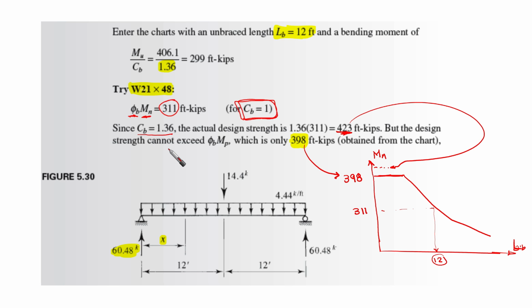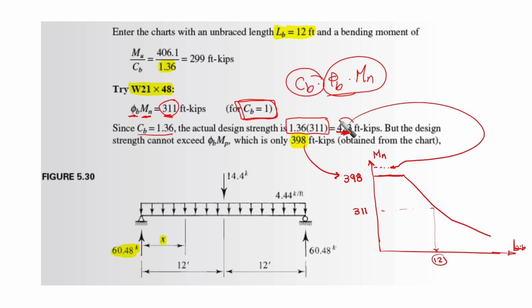Since CB equals 1.36, the actual design strength is supposedly CB times phi b times Mn, right? This is what is supposed to be the case. So we are going to multiply 311 by 1.36, the CB.